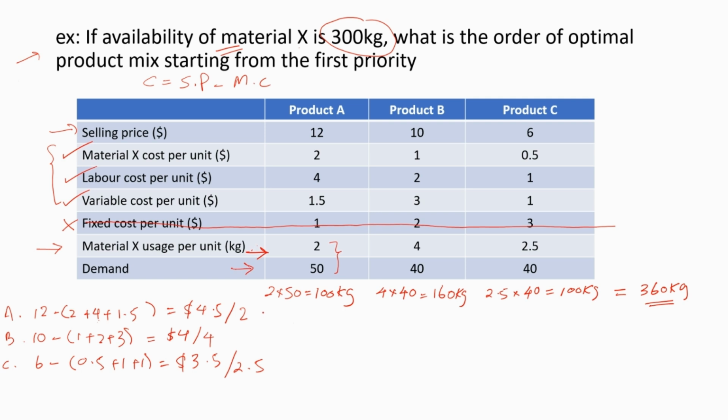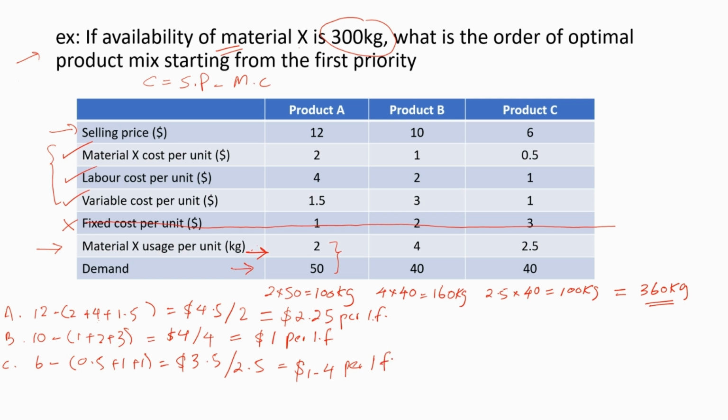These will give us the contribution per limiting factor for each product. Product A contribution per limiting factor is equal to $2.25. For product B, $1 per limiting factor. For product C, $1.4 per limiting factor.